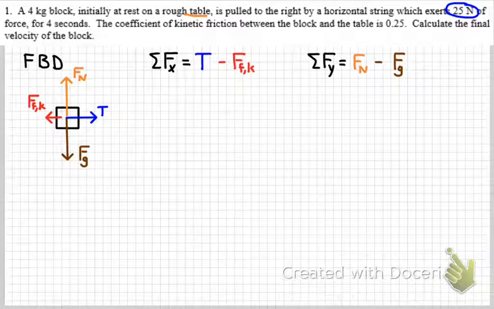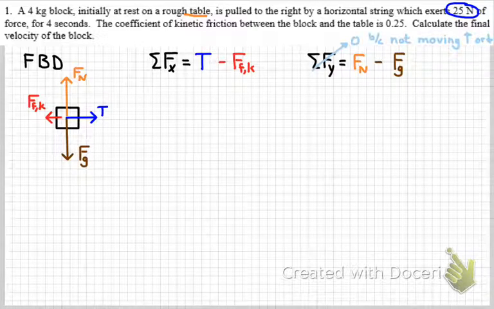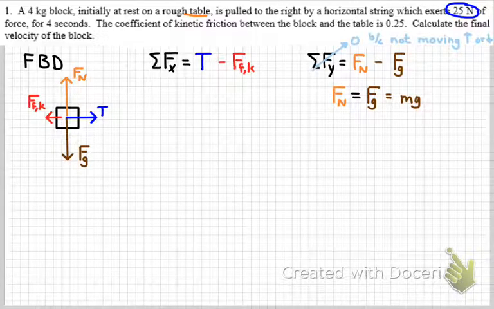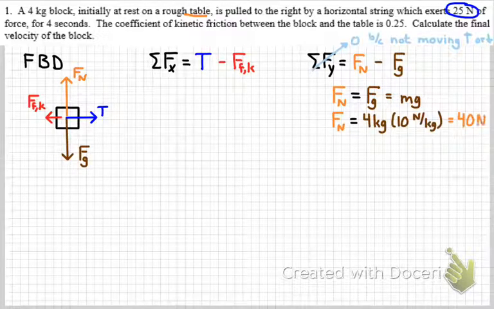So I'm going to write something like net force equals normal force minus the weight, ups minus downs. Since the block is not moving up or down, I can say that the forces in the y direction are balanced, even though the forces in the x direction are not. So since the forces in the y direction are balanced, the normal force just equals the weight, which I can find by multiplying mass by the gravitational field, which would give me a value of 40 newtons for the normal force.